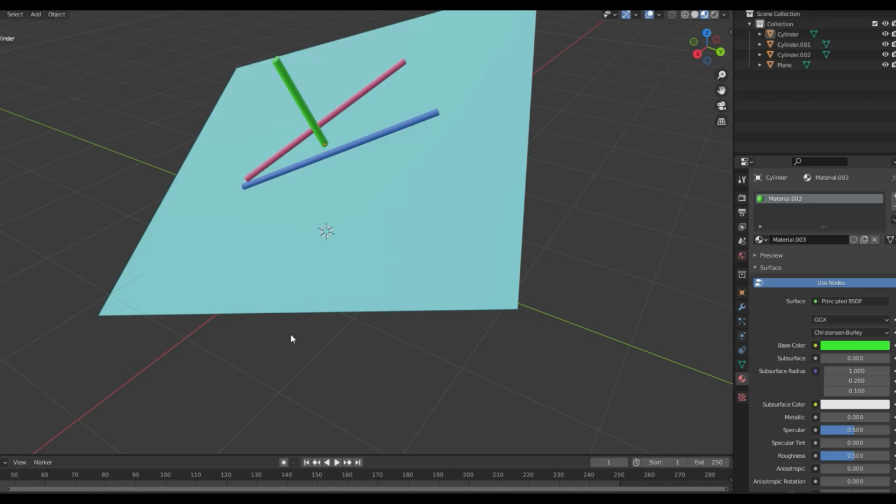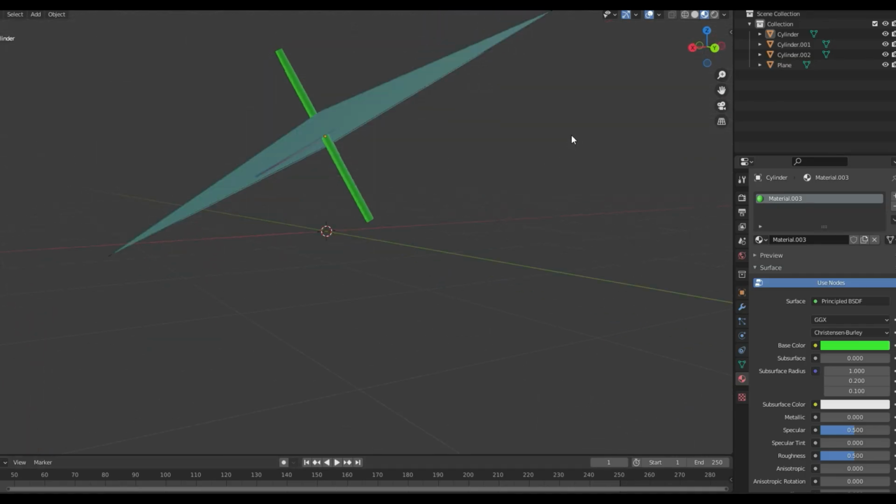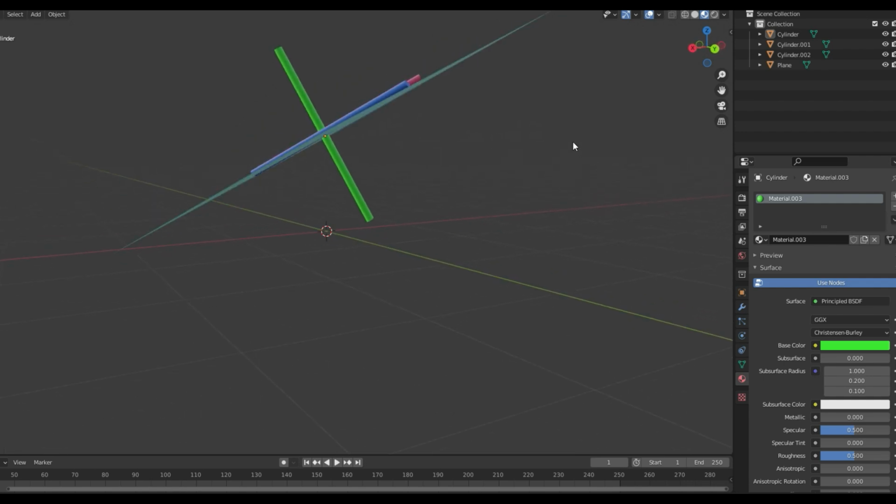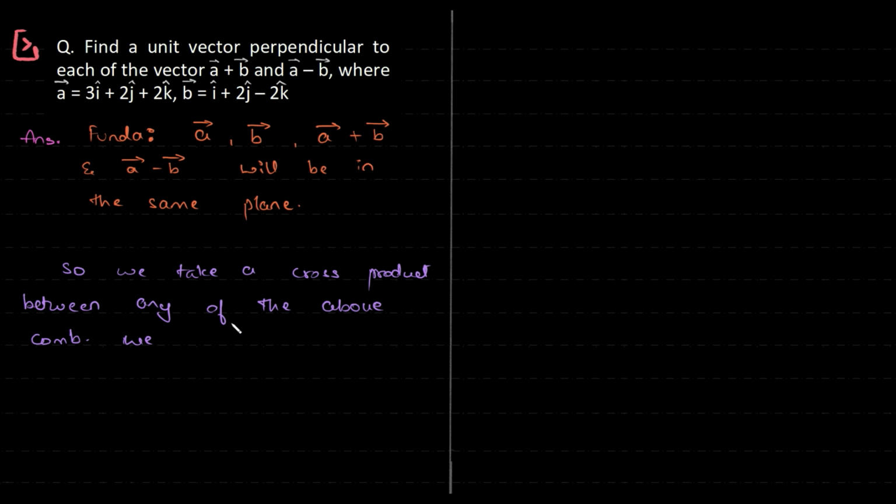See, a cross product will always give us a line which is perpendicular to the plane which contains the vectors. So basically we get this particular vector. How long it is, we don't need to discuss, because we're looking at a unit vector. In the end, it will result in a length of 1 unit. So we can take any. Are you getting it?